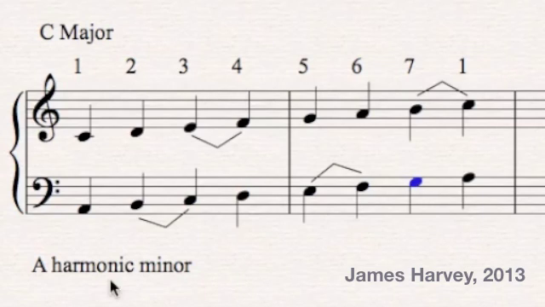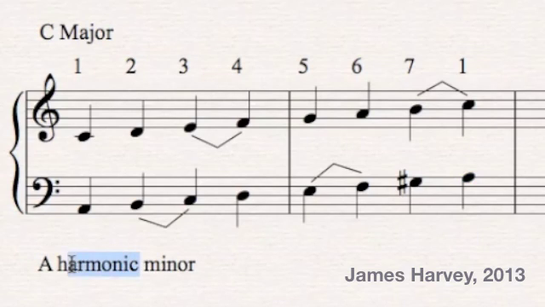In a harmonic minor scale, it's just like a natural minor, except the 7th scale degree is raised by a half step. So instead of G natural, it's G sharp. And that gives this scale a little bit of an exotic sort of sound due to the augmented second that is created when we raise the G to a G sharp. Okay, so that's a harmonic minor scale.